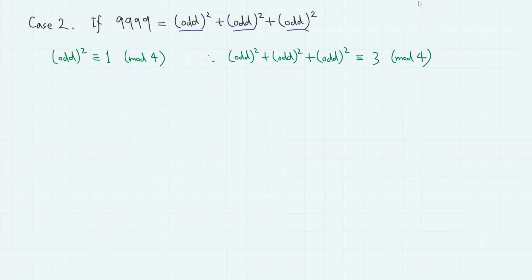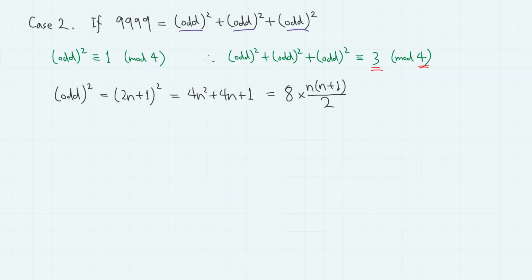Here, the sum of squares of three odd numbers is congruent to 3 mod 4, so it seems like the valid case. However, recall that any odd number squared can be expressed as 2n plus 1 squared with integer n, so 4n squared plus 4n plus 1, which can also be written as 8 times n times n plus 1 over 2, plus 1.